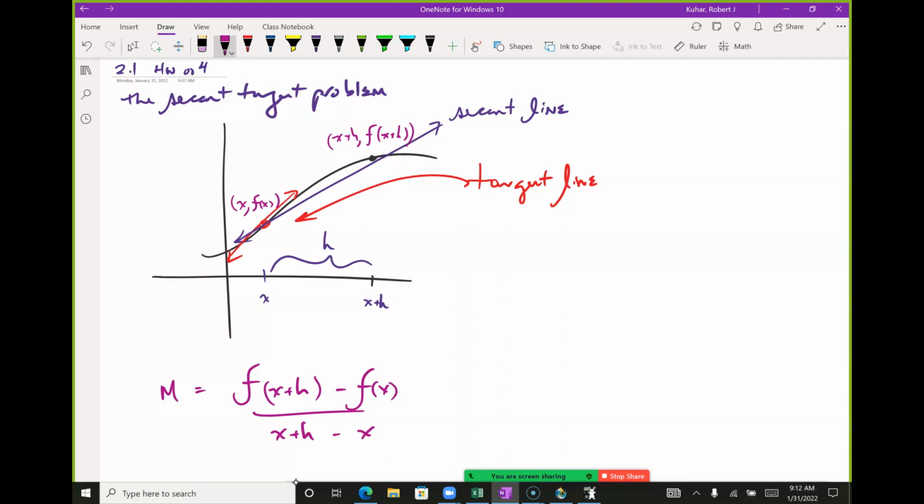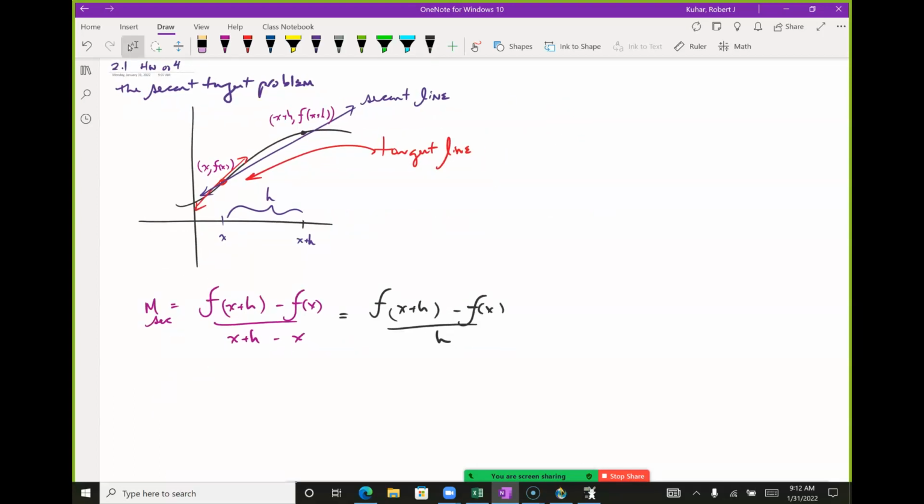This is the slope of my secant line. So I'll say m sub sec, slope of the secant line, y2 minus y1 over x2 minus x1. And then I can simplify that a little bit, right? f of x plus h minus f of x. And what happens downstairs, the x's cancel.